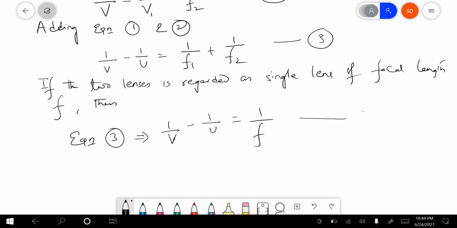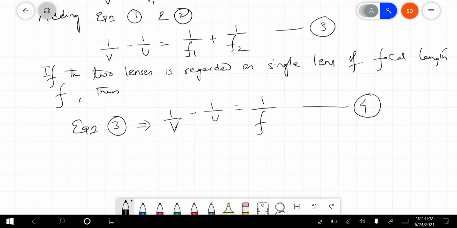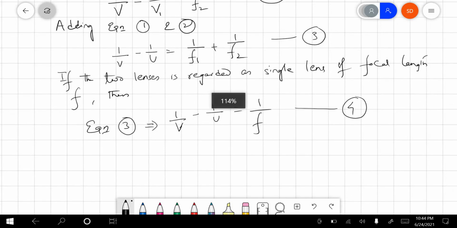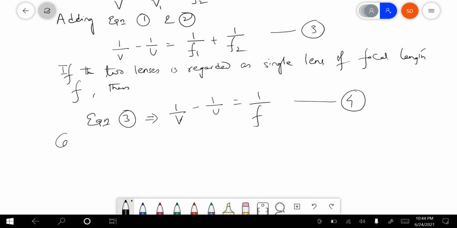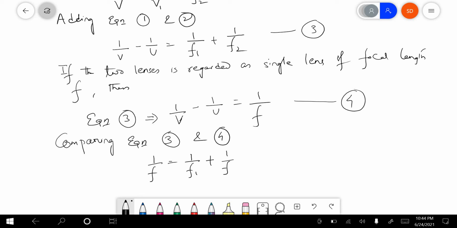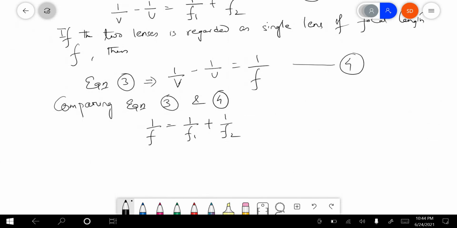This is equation number 4. Now comparing equations 3 and 4, what will you get? 1 by f is equal to 1 by f1 plus 1 by f2. This is for a two lens system.